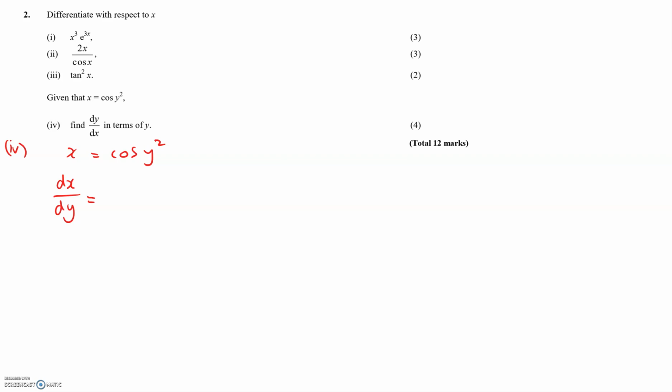So I would call your u this thing, because we can just put it in brackets. So u is going to be y squared, therefore x is equal to cos of u, and du dy is 2y, dx du is minus sine u.